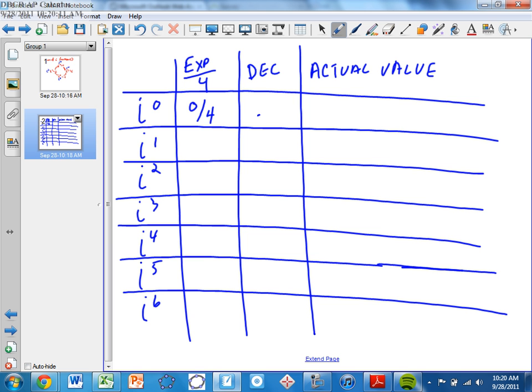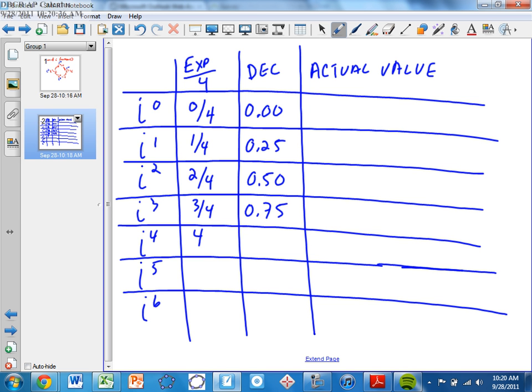So this is going to be a decimal of 0.00. Next one, 1 over 4. Owen, what is 1 over 4? 0.25. Very good, sir. Next. What is 2 over 4? Half. 1/2. Good. Melody, what is 3 over 4? 0.25. Not 1 over 4, 3 over 4. I mean 0.75. Thank you.